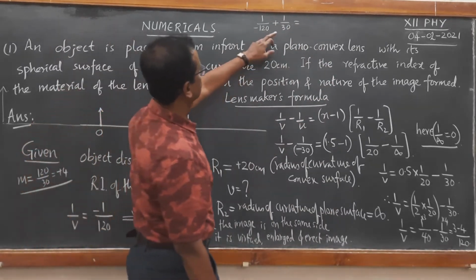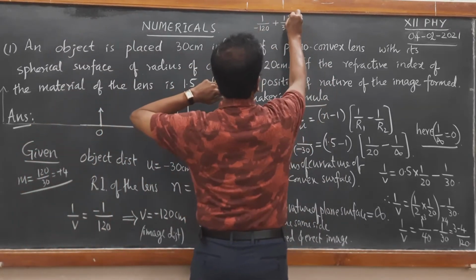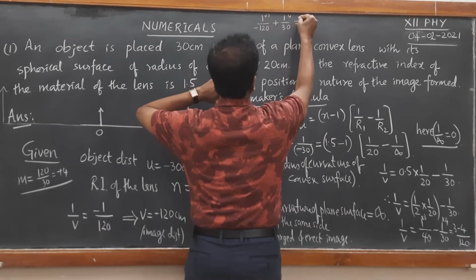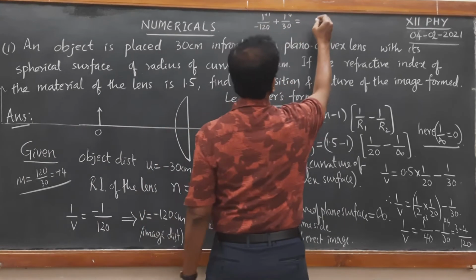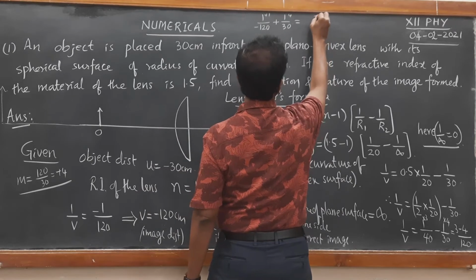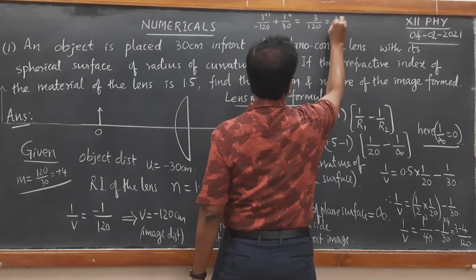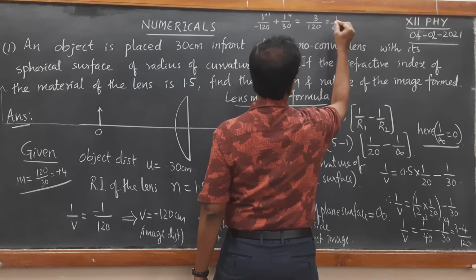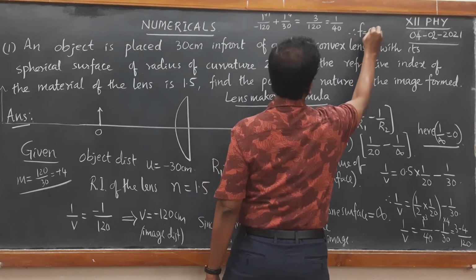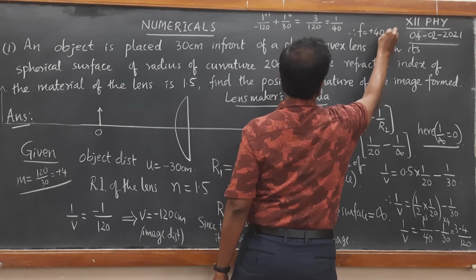So 3 times 40 is 120, it becomes (−1 + 4)/120, which is 3/120. That's how it becomes 1/40. Therefore, focal length is plus 40 centimeter.